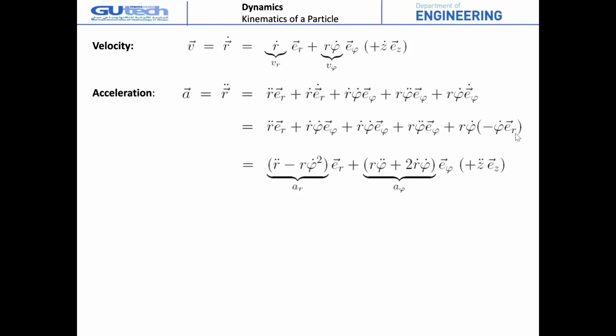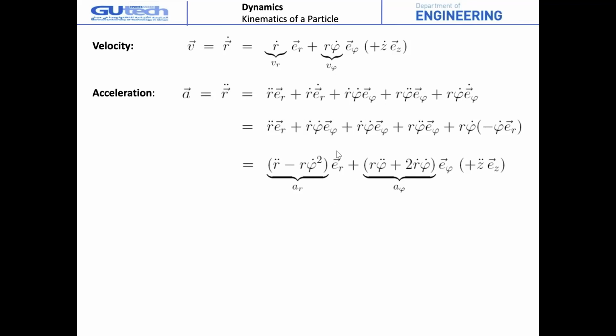Then we assemble the terms: along e phi we have r dot phi dot, then 2 times r dot phi dot, plus r phi double dot e phi. And for the radial direction, we have r double dot minus r phi dot squared.